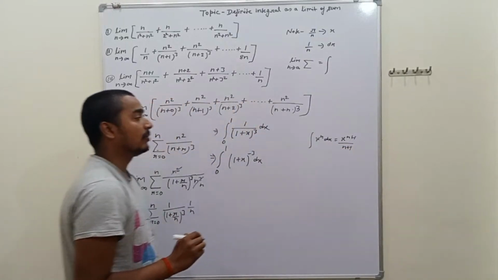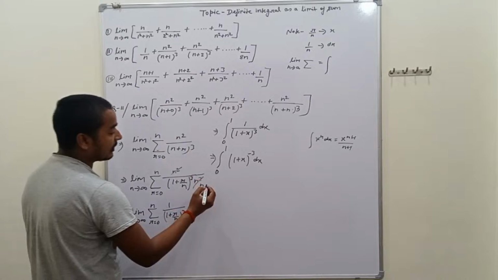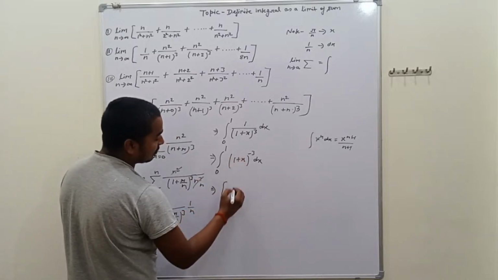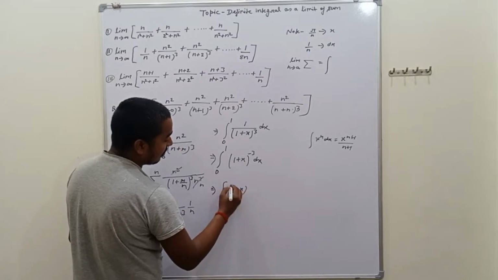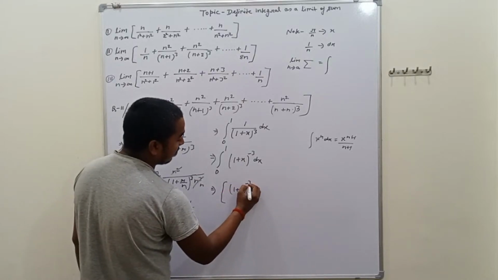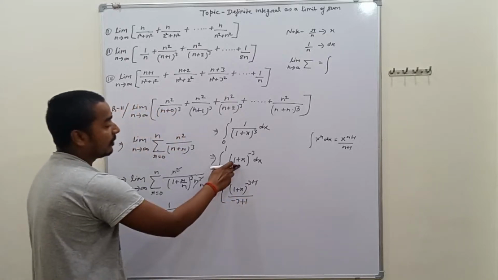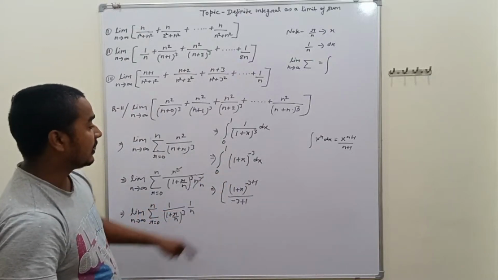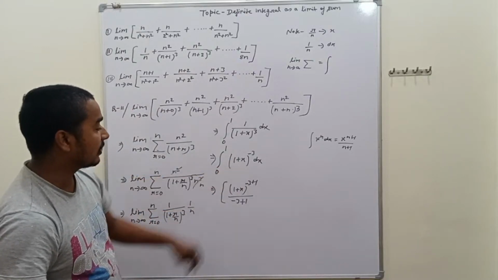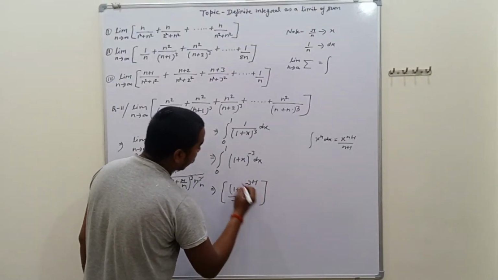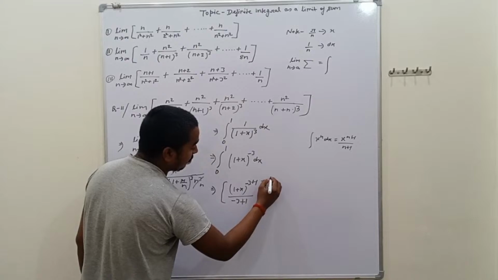This is the formula used to solve the given integration. On applying limit, that is 1 plus x to the power minus 3 plus 1 over minus 3 plus 1, and 1 plus x differentiated with respect to x is 1, nothing to change, dividing by 1, on applying limit 0 to 1.